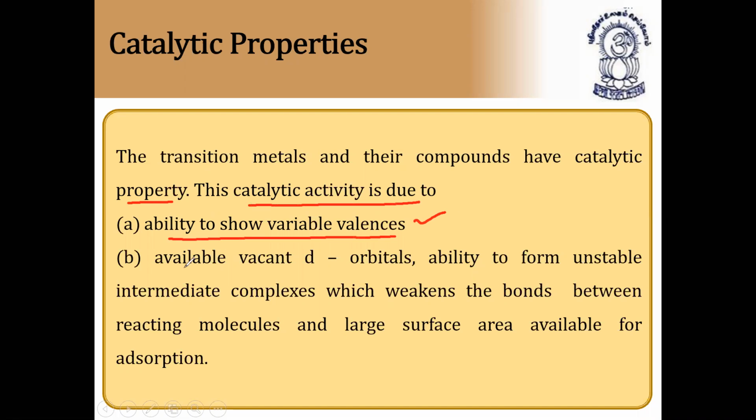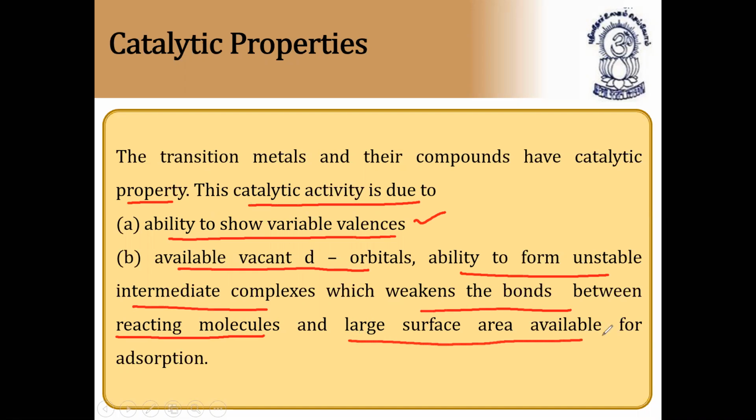Number one, availability of vacant d orbitals; ability to form unstable intermediate complexes, which weaken the bonds between the reacting molecules; and third point is large surface area available for adsorption. This we have discussed in surface chemistry. So these are the three points which make the transition metals used as catalysts.